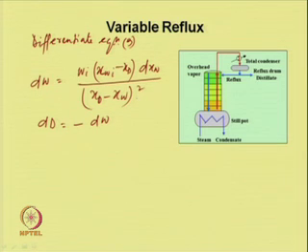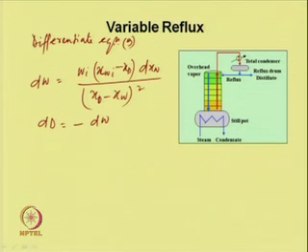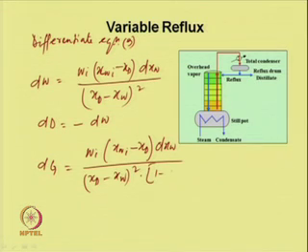So, if we substitute these equations in equation 2, we can obtain dz equal to W_i (x_d minus x_W_i) dx_W divided by (x_d minus x_W) squared, into 1 minus dL by dz.